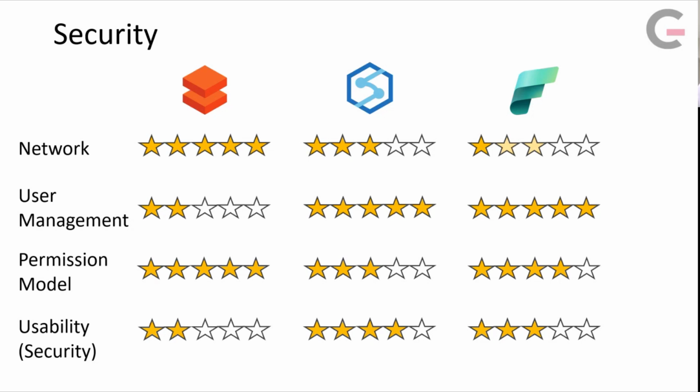For Fabric, you see here the first time I have added a regular star, and they also get some transparent stars. Why is this? Because they have recently added also managed private endpoints to Azure resources.